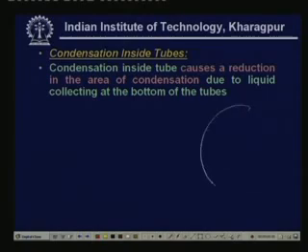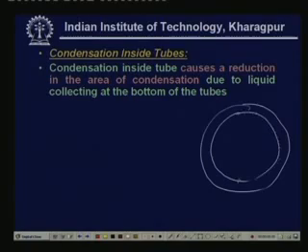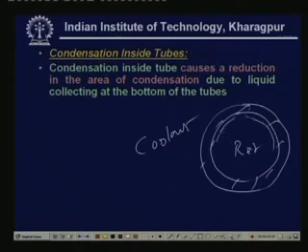Let us take a large tube. This is the wall of the tube, and outside you have coolant, and refrigerant vapor is flowing through the tube. Since the coolant is flowing outside, refrigerant starts condensing on the inner surface of the tube.